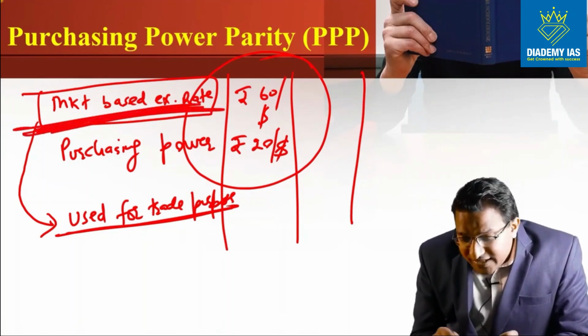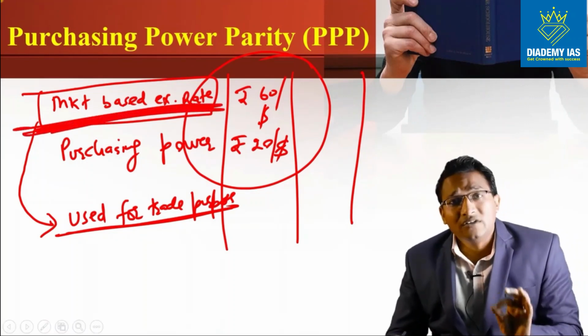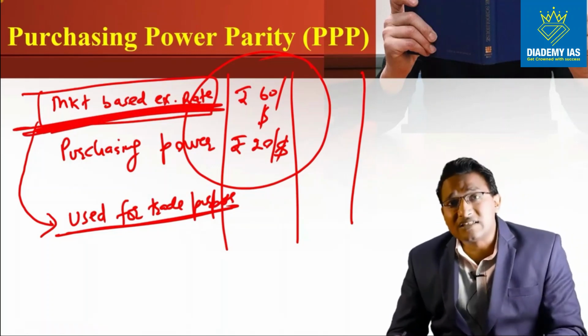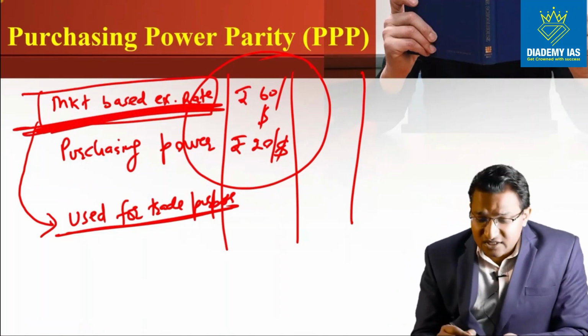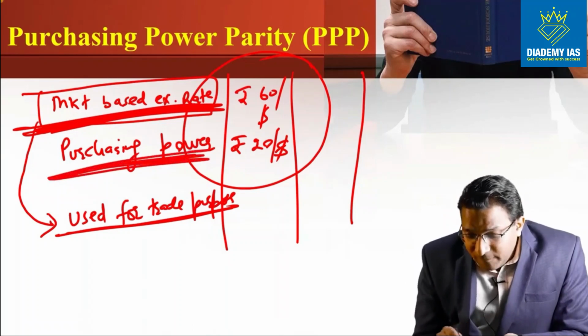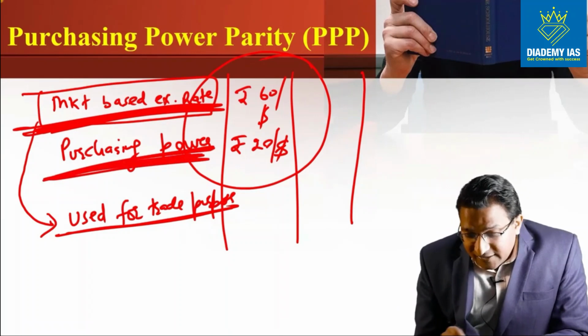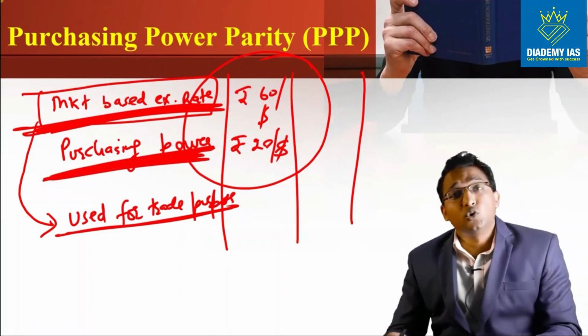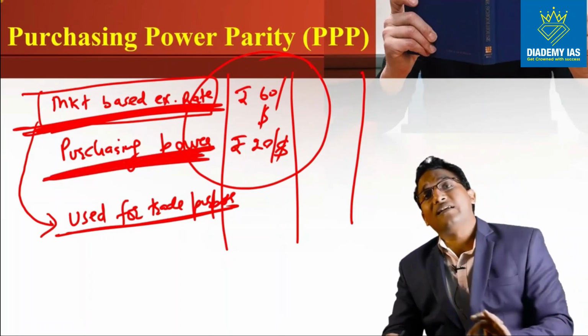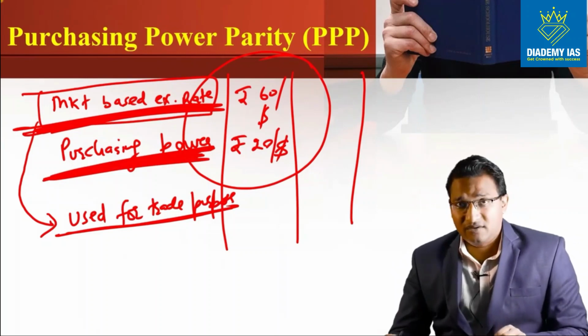So this market-based exchange rate does not show the real purchasing power of the currency. The real purchasing power of the currency is only possible through calculation of the purchasing power-based exchange rate, and this is required to compare the different countries and the level of development, right?